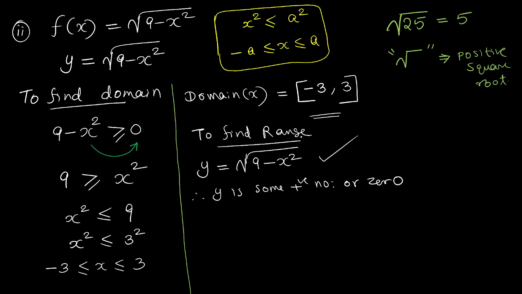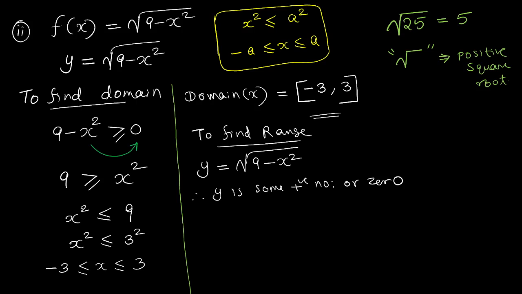What is the general procedure for finding range? The equation y equal to is to be converted to x equal to, or at least x square equal to. Either x equal to or x square equal to, no problem. There is a general way of finding range.